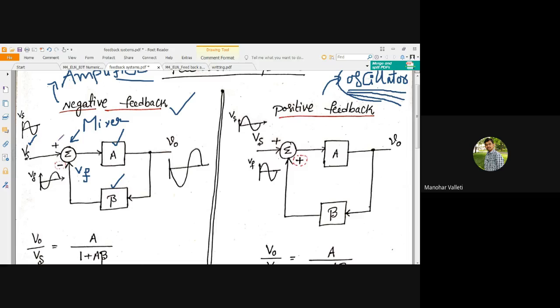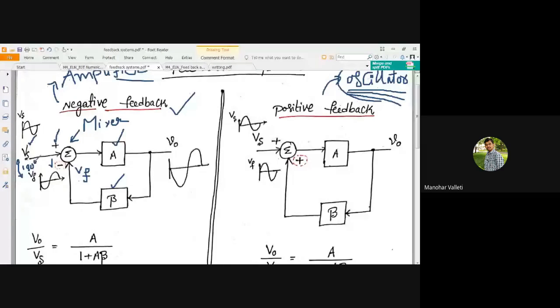Negative feedback. As these two are 180 degrees phase shifted, these two will subtract from each other. That subtraction we mention here in the block diagram with the help of signs like this. So in a negative feedback system, the applied input signal Vs and feedback signal are 180 degrees phase shifted.